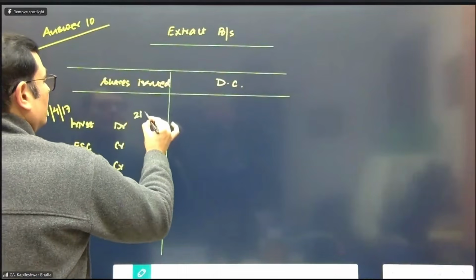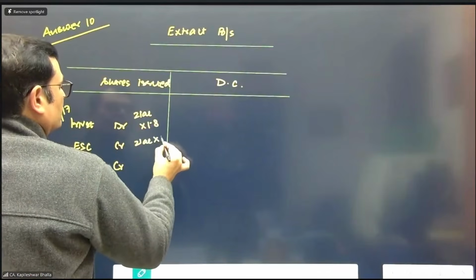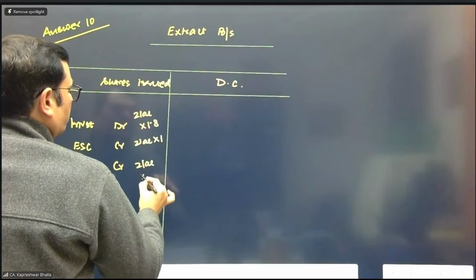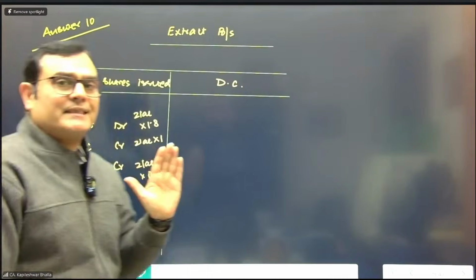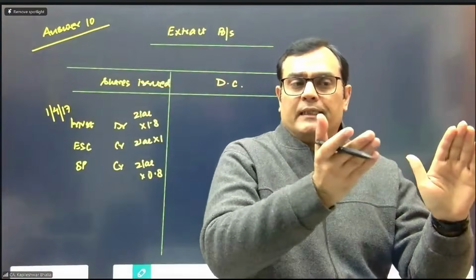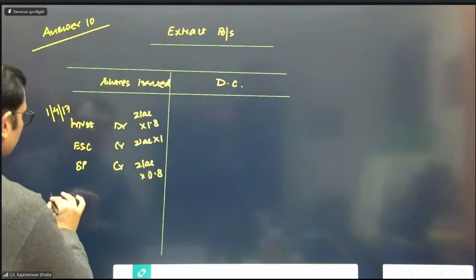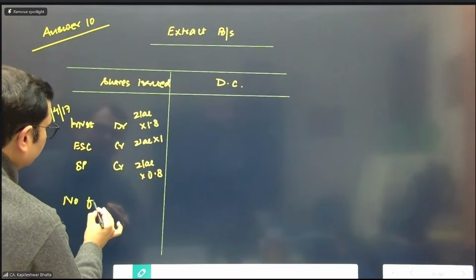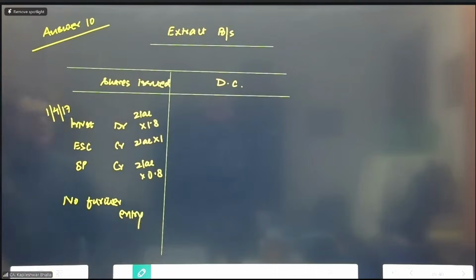So investment will be 2 lakhs into 1.8, share capital will be with the face value 1, and the rest 0.8 becomes the premium. Because of this omission, will there be any consequential changes in the next 2 years? Even if I would have done this entry, will it lead to any consequential impact over the next 2 years? No change. That's right. So can I say no further entries? Because this entry would have been done, no further entries would have been needed.